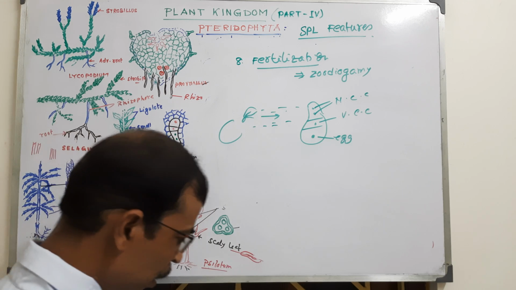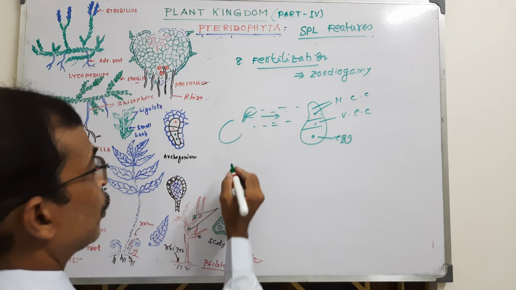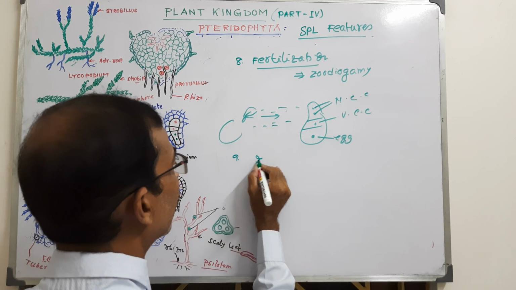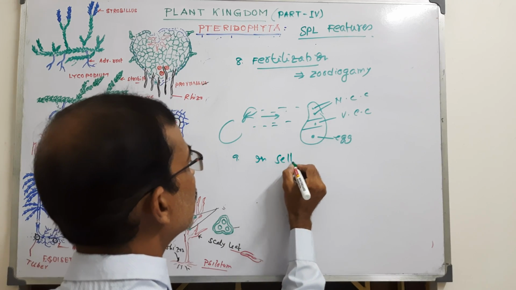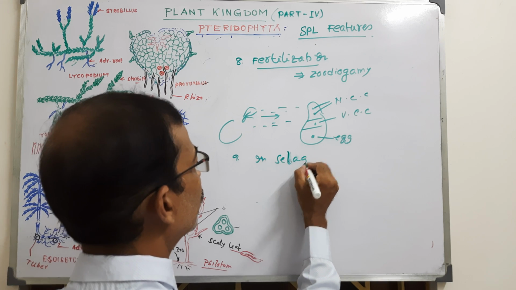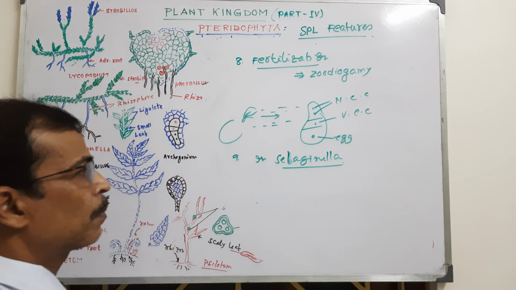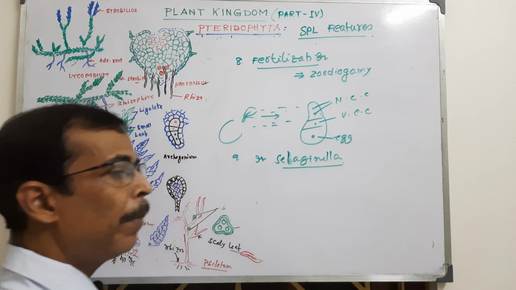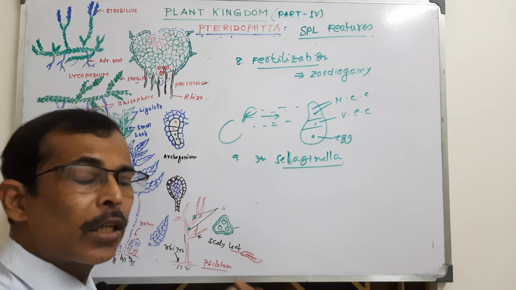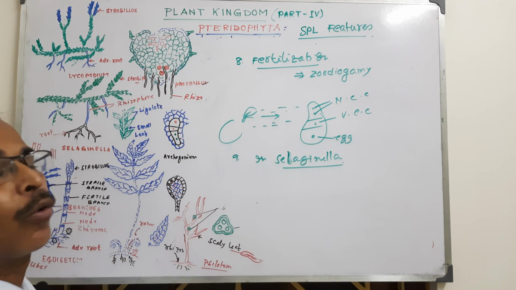So fertilization is zoidogamy. But another characteristic feature is found in a special genus, Selaginella. In Selaginella a special and advanced character is found, that is the development of gametophyte from spore within the sporangium, and the archegonia is retained on the sporophytic body.